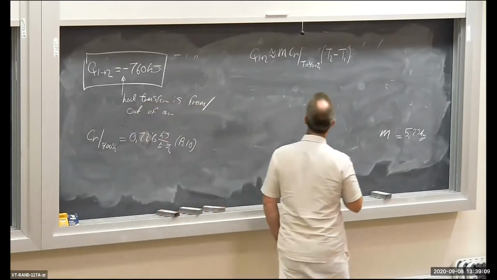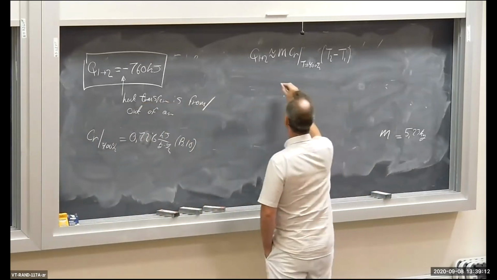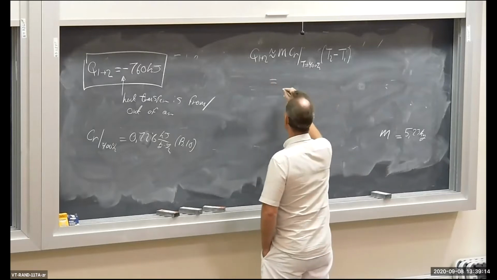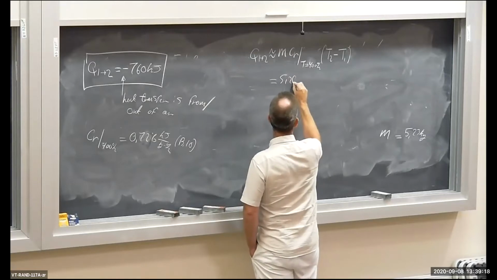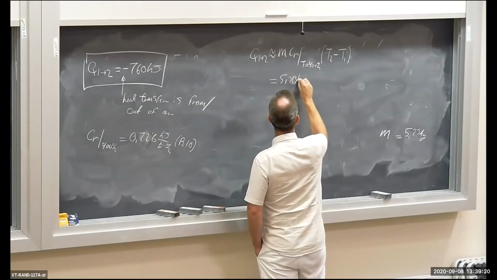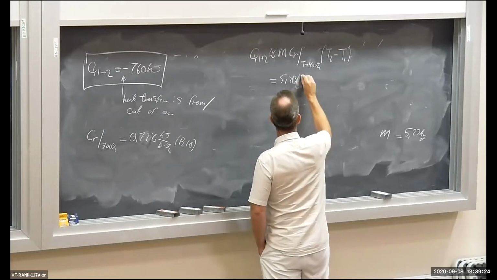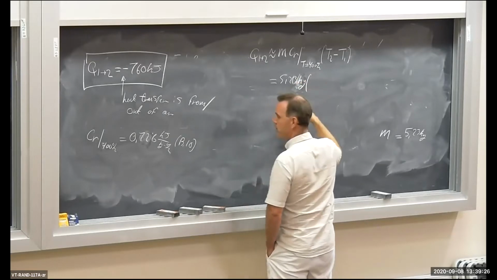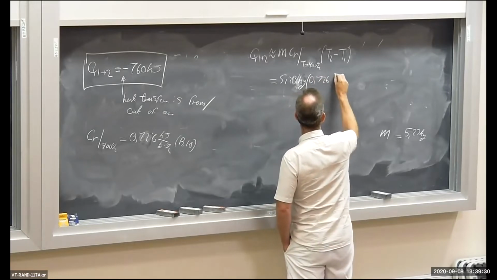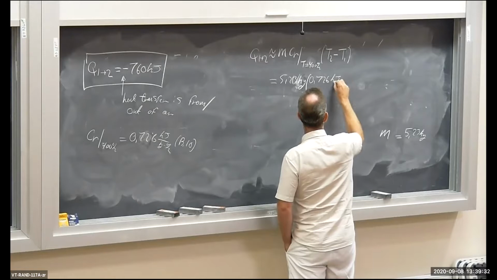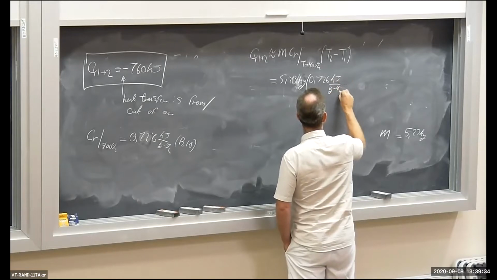Okay, let's plug in. The mass was 5.23 kilograms. Specific heat evaluated at 400 degrees was 0.726 kilojoule per kilogram Kelvin.